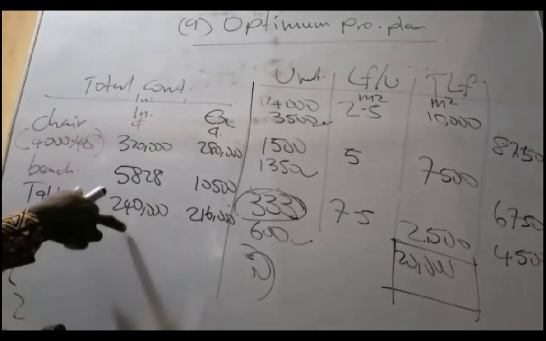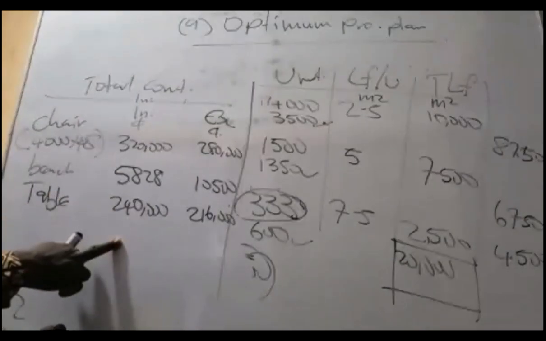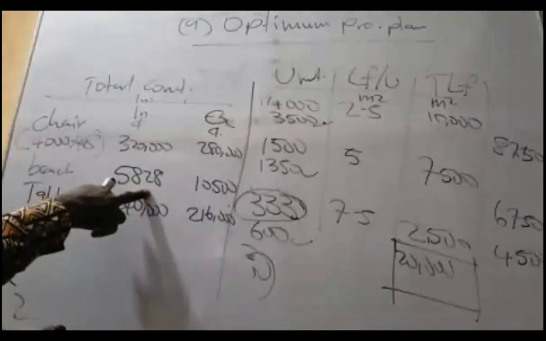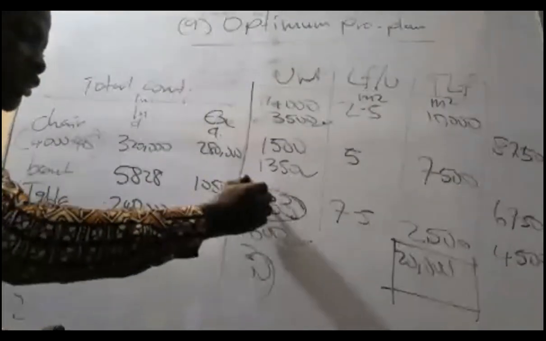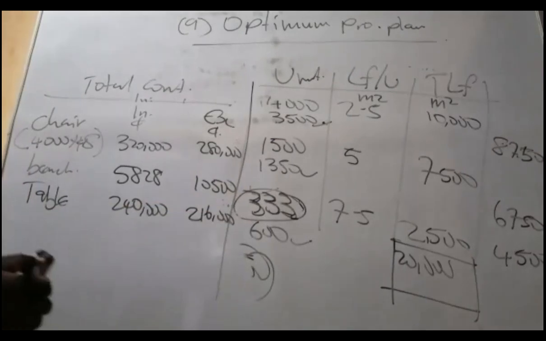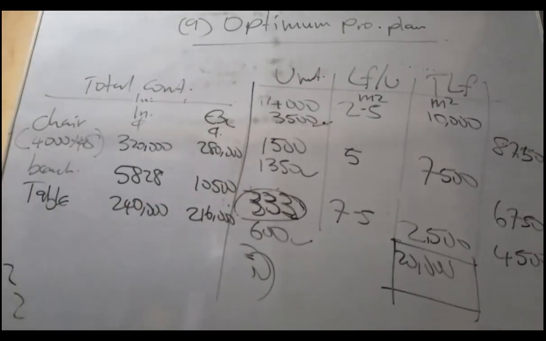Now, even though here we will still pay a penalty, because the bench we had, 333, may not be enough to cater for the extra.